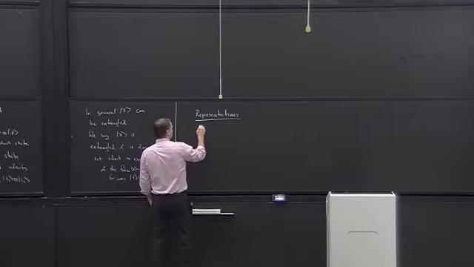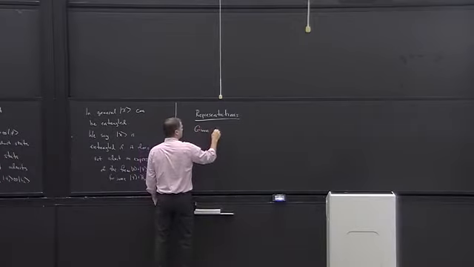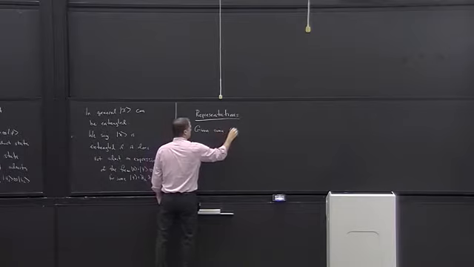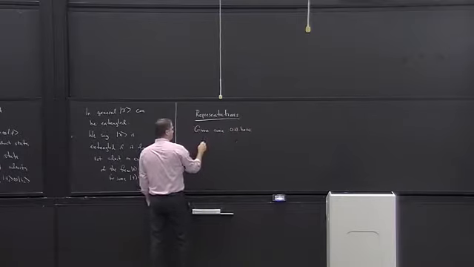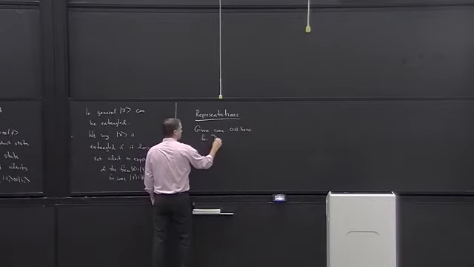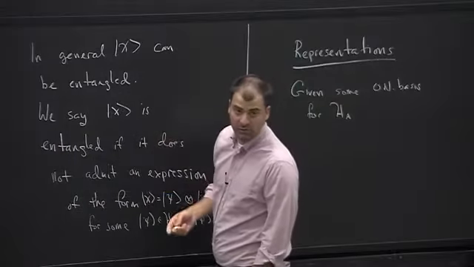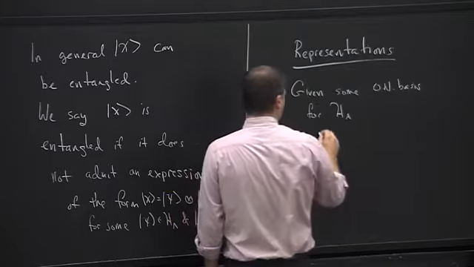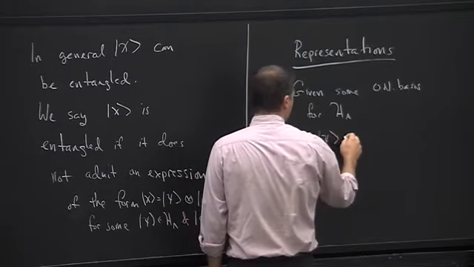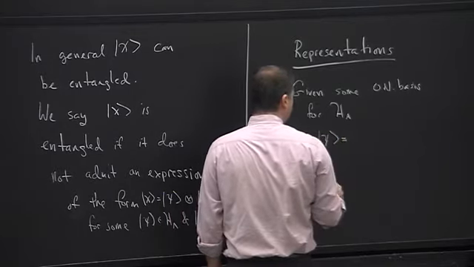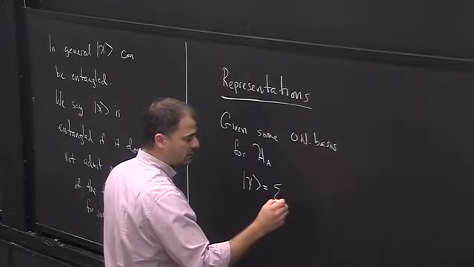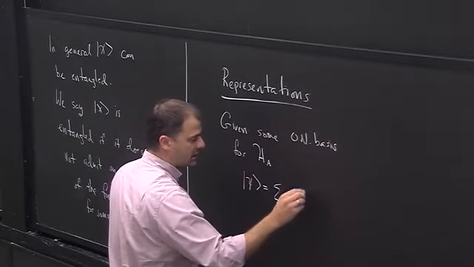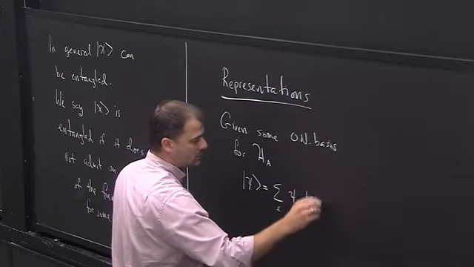So, given a choice of basis for H_A, and here I'll just stick with the one I've chosen already, you can always write psi is equal to a sum over L, psi_L, A_L.